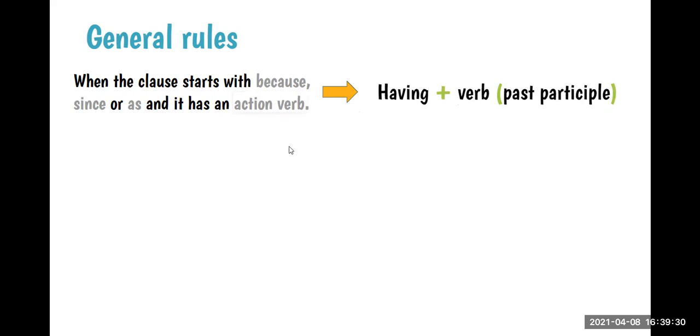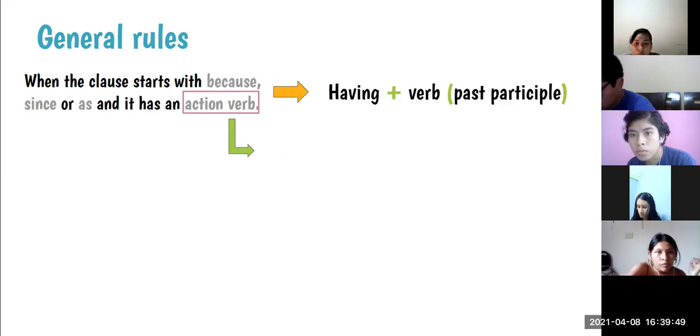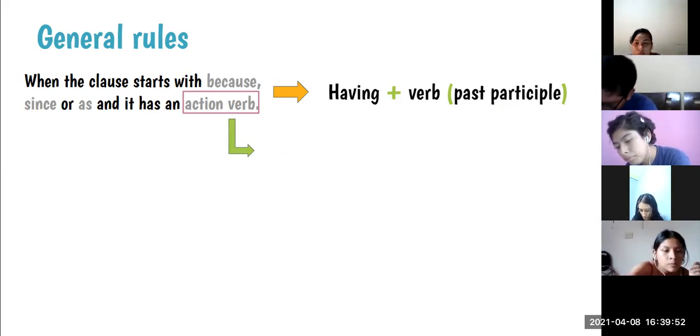So do you remember what an action verb is? Last class, we talked a little bit about action verbs. What do you remember about action verbs? Verbs that perform an action. Okay, yes.